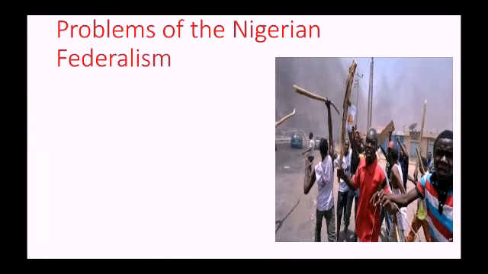There is always a problem with any system of government, and federalism as it is practiced in Nigeria is not an exception. So the various problems include the problem of revenue allocation. Different regions, different states will always push for more revenue. So they will always demand more revenue.